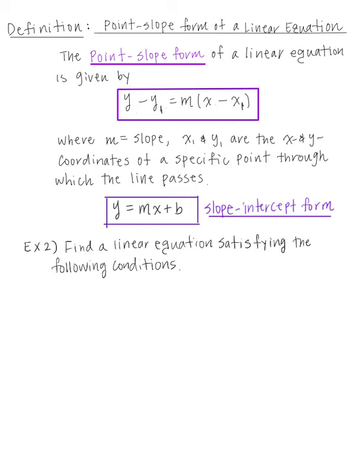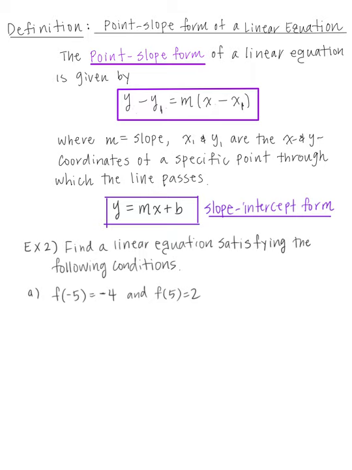Example 2. Find a linear equation satisfying the following conditions. All right, part A, you're given that f of negative 5 equals negative 4 and f of 5 equals 2. So let's just translate what we're given. Let's look at f of negative 5 equals negative 4. Remember, y equals f of x, right?